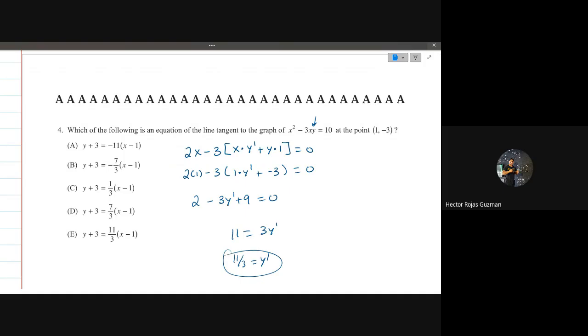That's my slope. So that means I can, well, it looks like it's going to be this one, but let's just make sure. y equals m times (x minus x1) plus y1, and the negative 3, you can move it to the other side, so perfect.